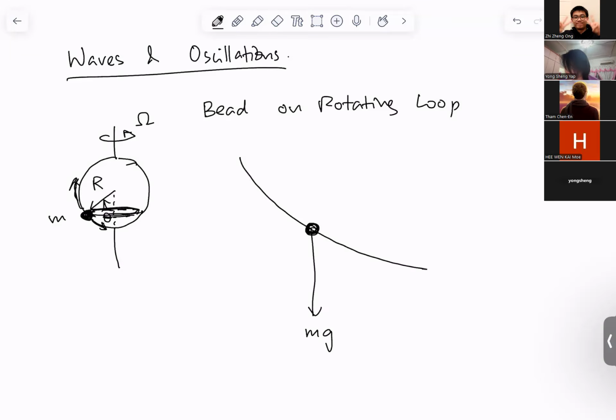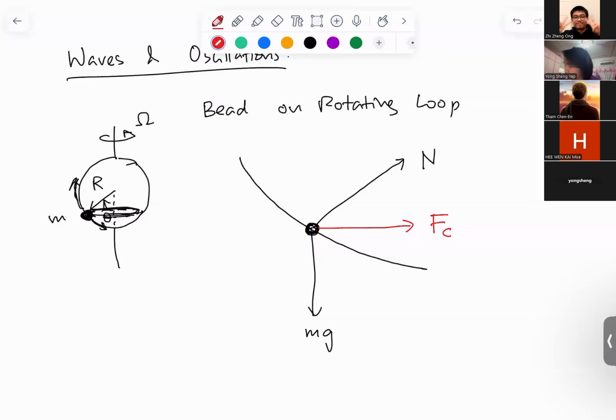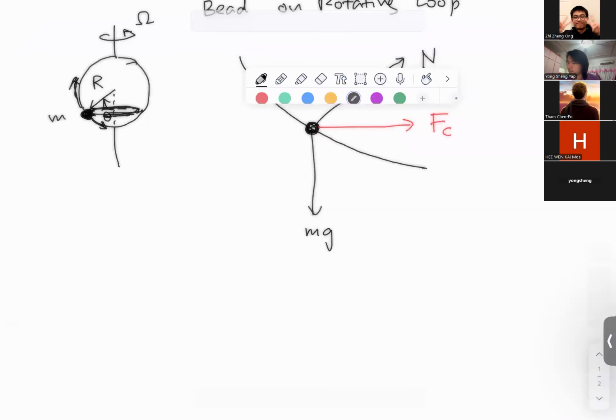At this theta, it also has a normal reaction force, and that's about it. Those are all the forces acting on the bead. But because the loop is rotating, you're going to have a net force that's basically a centripetal force. So you have the normal force and your weight, and together they contribute to a centripetal force, giving this bead the ability to move around.